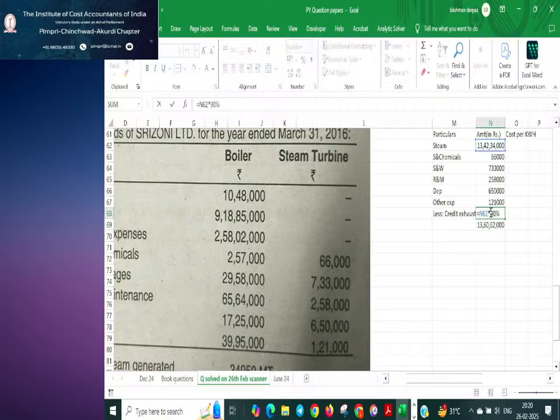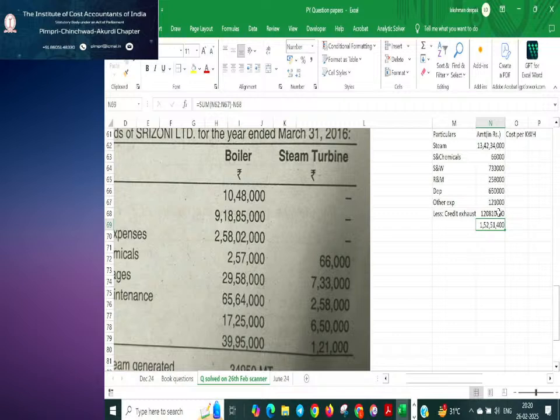Minus this is 90%, which is 1,52,00,000. Credit for exhaust steam, 10% enthalpy loss.